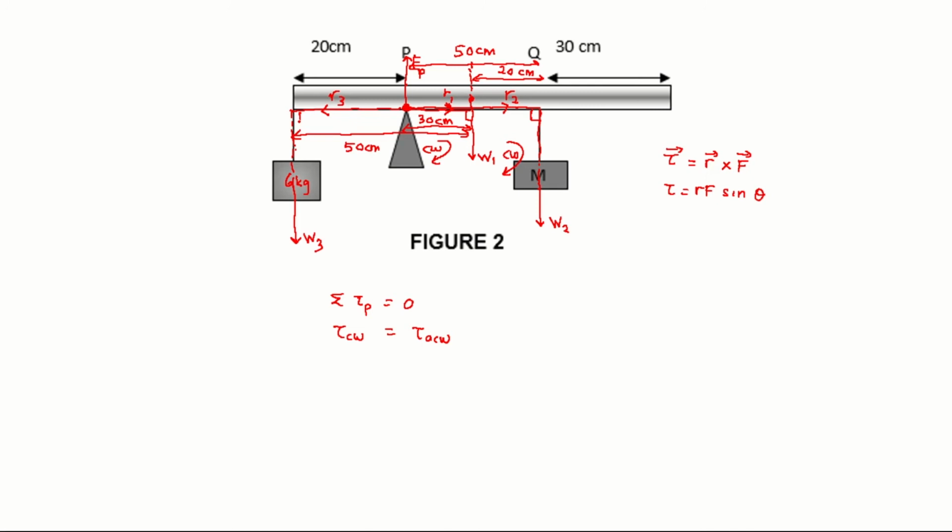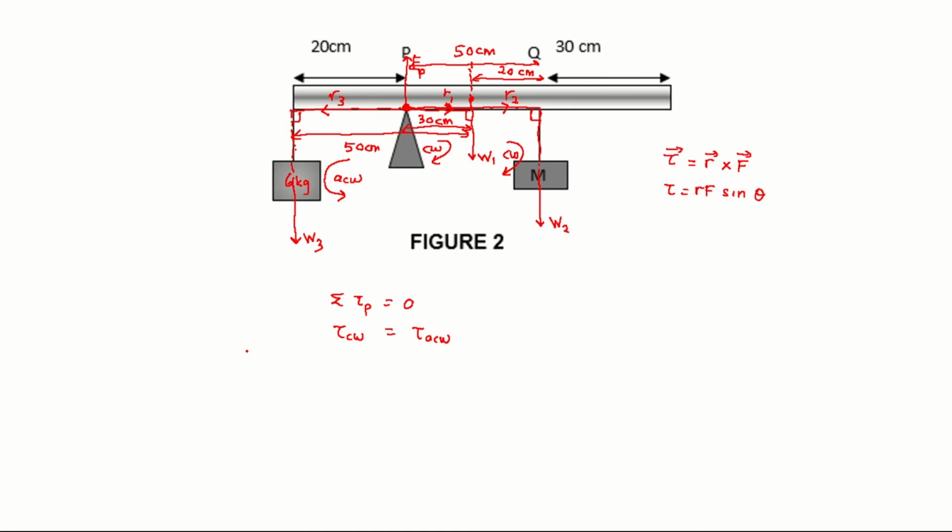The angle between R3 and weight 3 is 90 degrees. R3 equals 20 cm. So the system here rotates anti-clockwise.